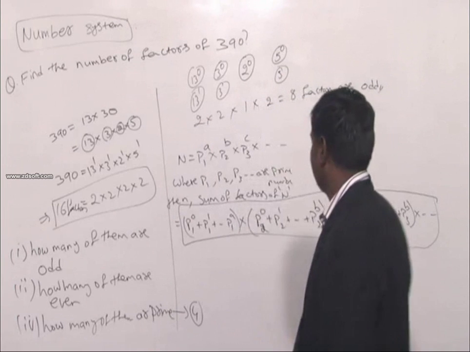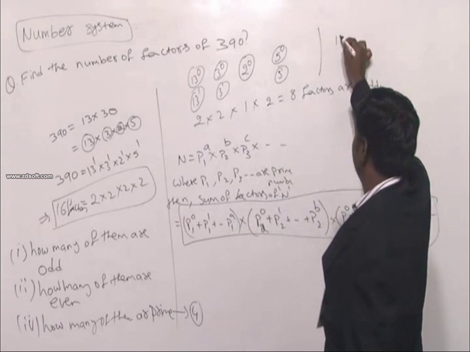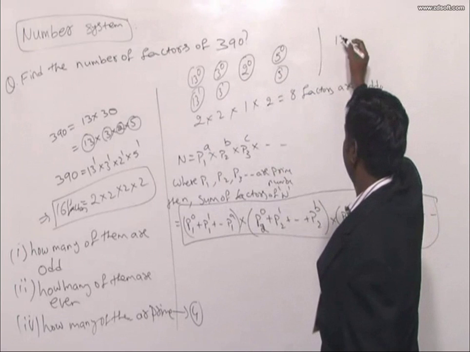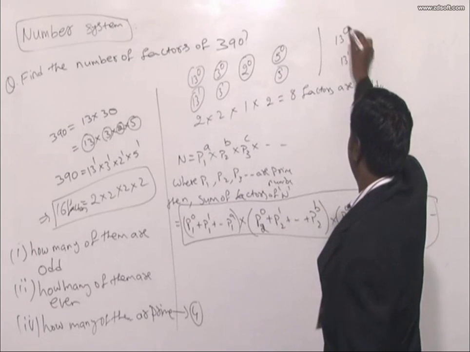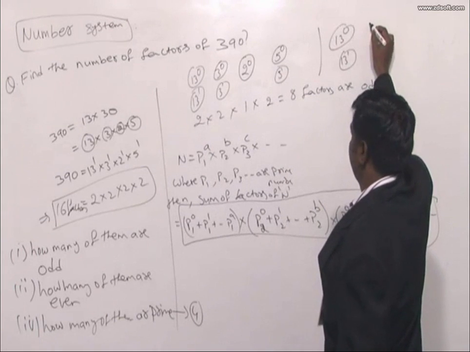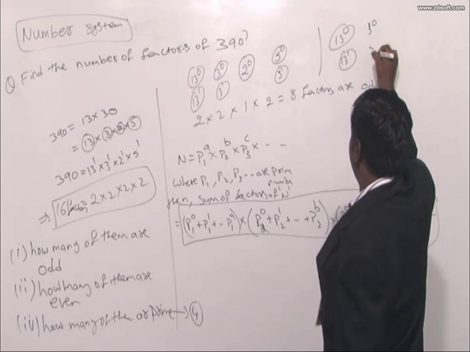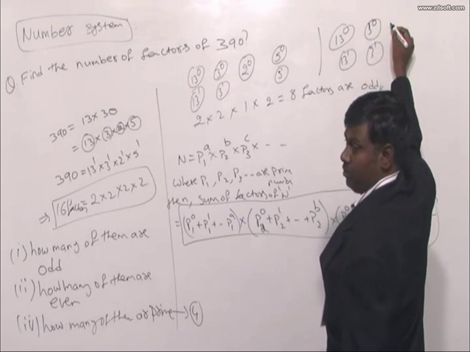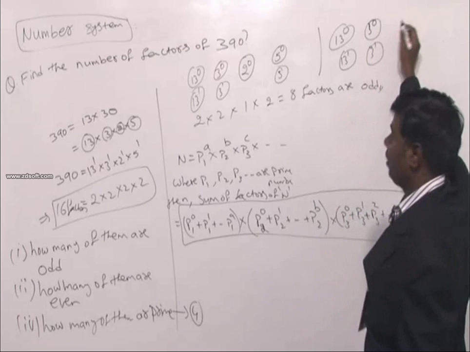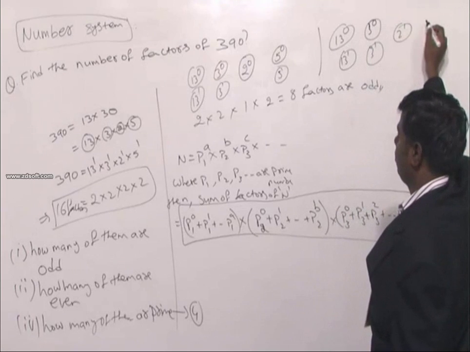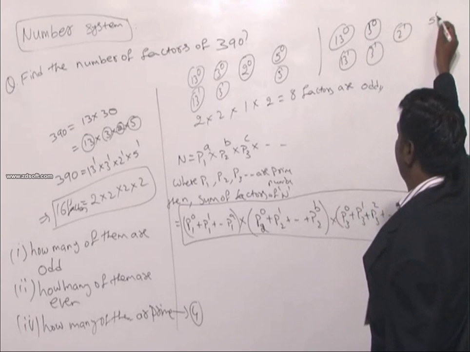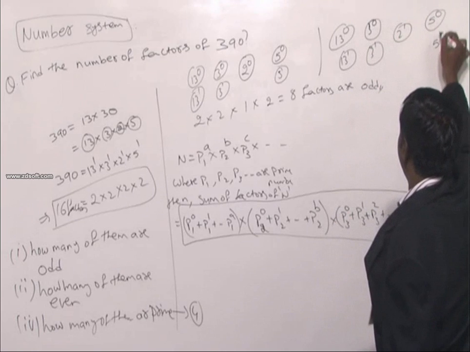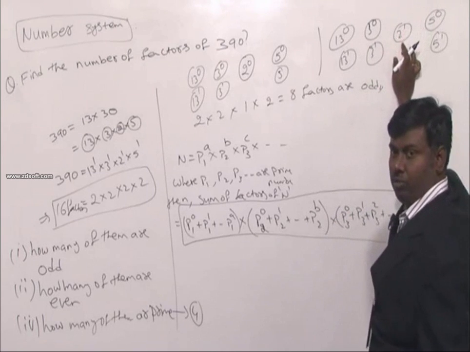Applying the same logic, 13 power 0, 13 power 1. With this 3 power 0, 3 power 1, with this combination, 2 power 1, 5 power 0, 5 power 1. Any power of 2 except 0 will give you an even number, right?